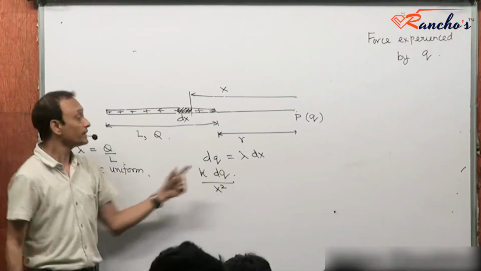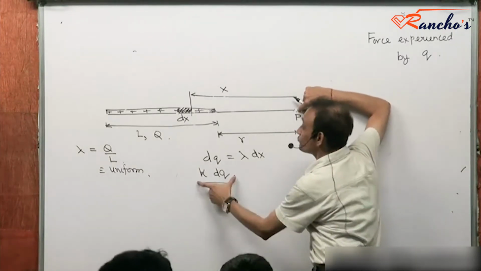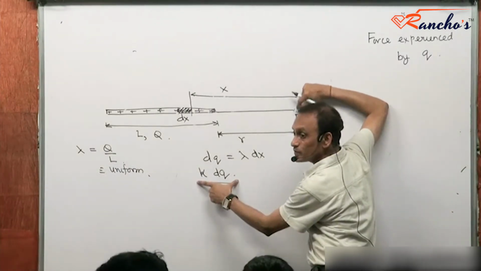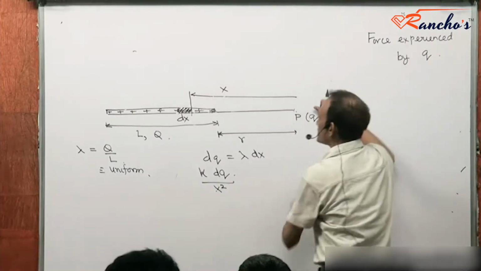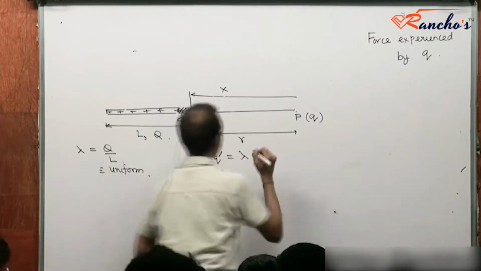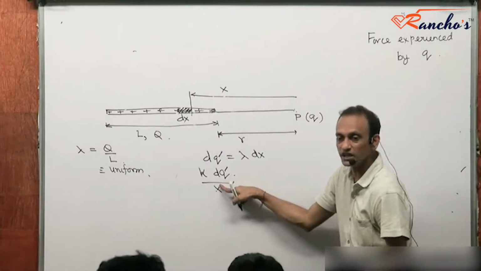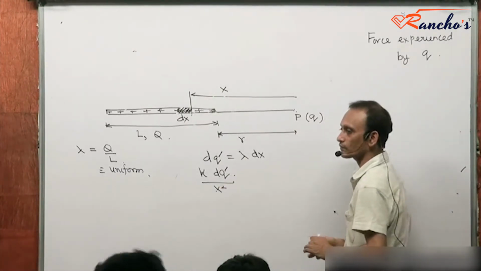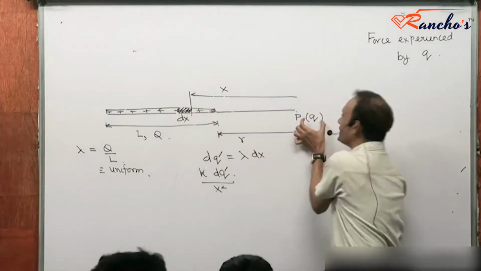That means if a unit positive charge is placed at P, this is the force experienced by it. But if there is a charge q, let me call the charge on this element dq prime. What's the force between dq prime and q?